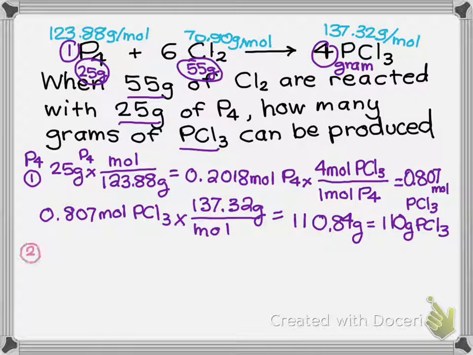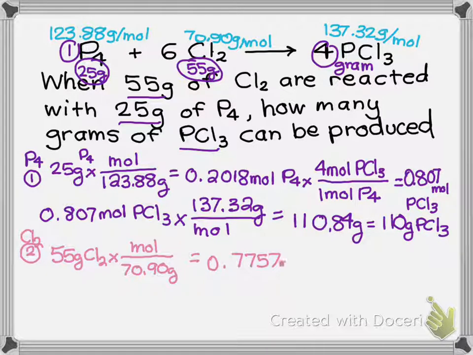So now let's do Cl2. This time they gave me 55 grams. So I'm going to first divide. If you look, it's going to be a similar pattern. Divide by the molar mass to determine the moles of Cl2. And I get 0.7757 moles of Cl2.